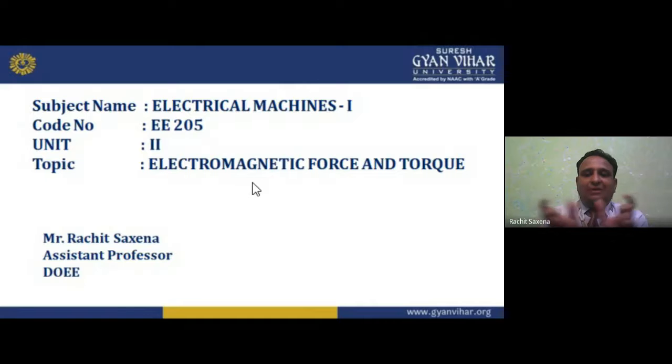The combination of these two, electrical and mechanical, gives you electromechanical, so the electromechanical energy conversion takes place.